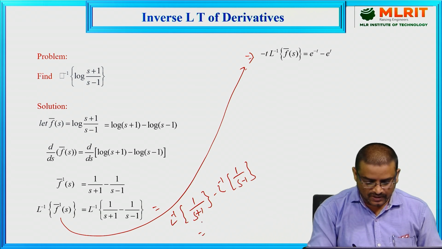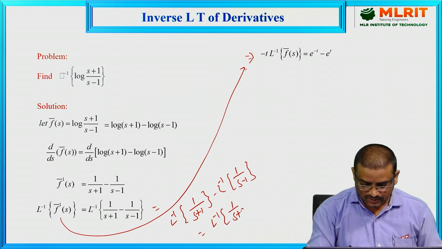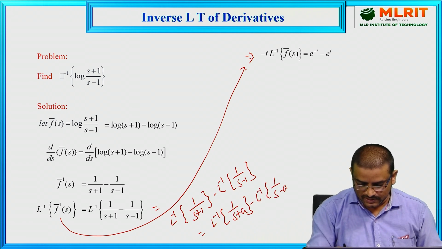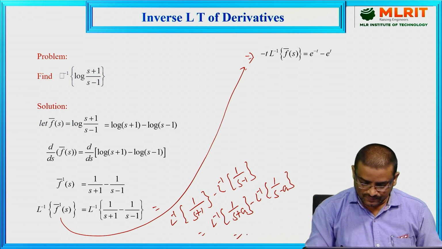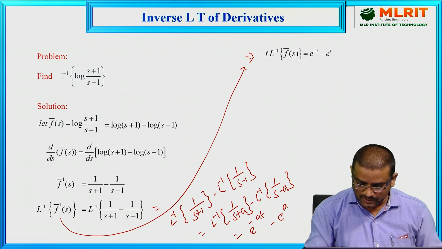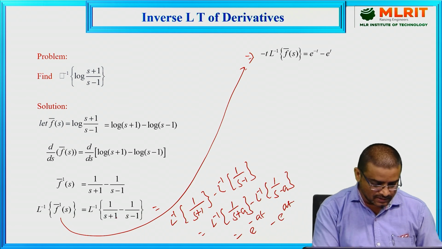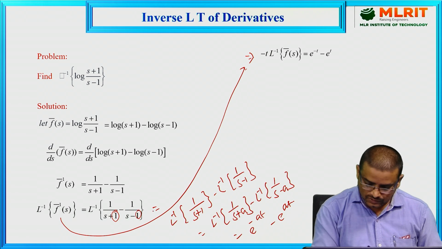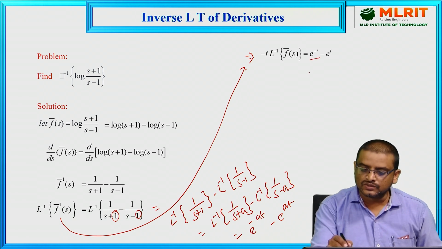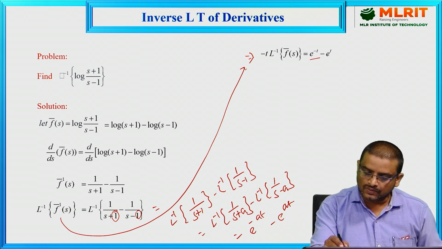Directly we have the formula L inverse of 1 by s plus a minus L inverse of 1 by s minus a. Use this formula, you will get e power minus at minus e power at. So what is a here? 1. So you will get e power minus 1 into t minus e power 1 into t.